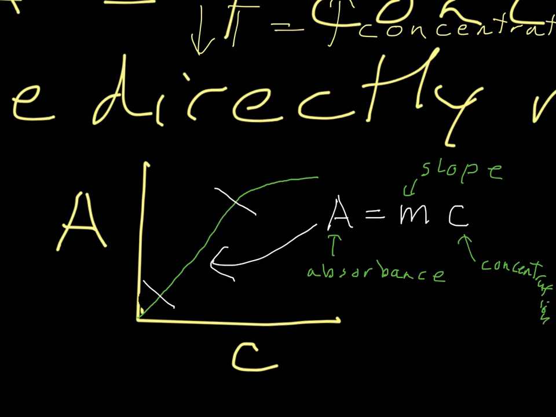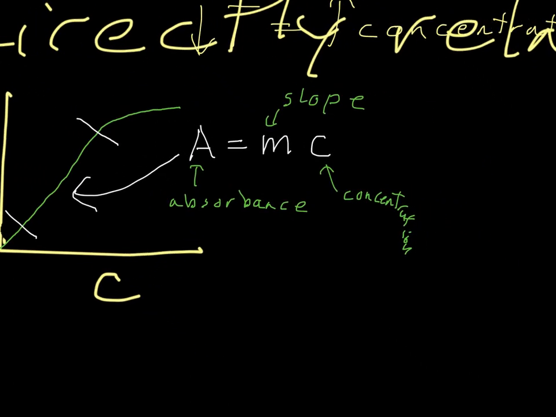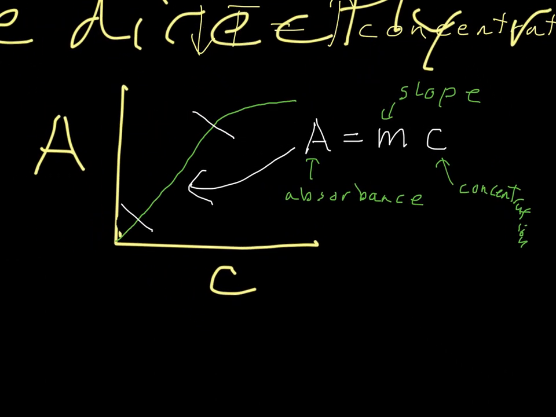A chemist known as Beer, hence Beer's law, took a look at this graph and found something else very interesting. He actually quantified what was causing this slope. He further defined the slope. It turns out that the slope here in your Beer's law formula is equal to path length times something known as absorptivity.